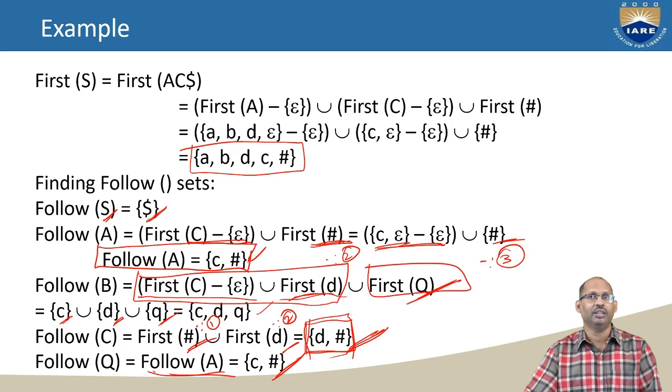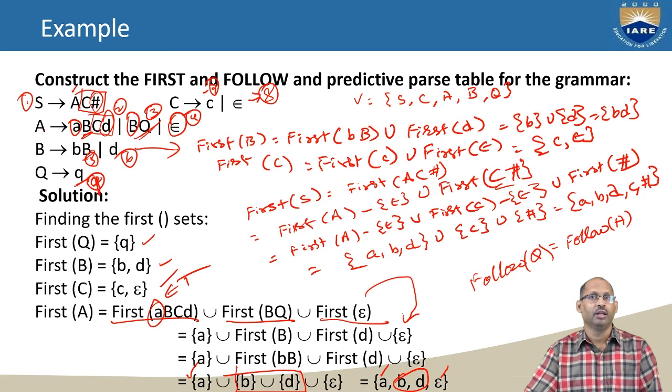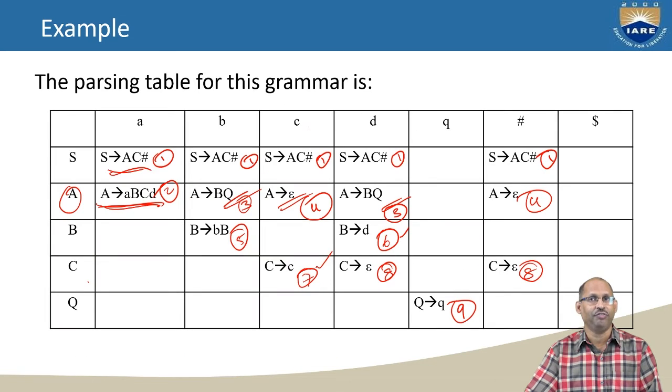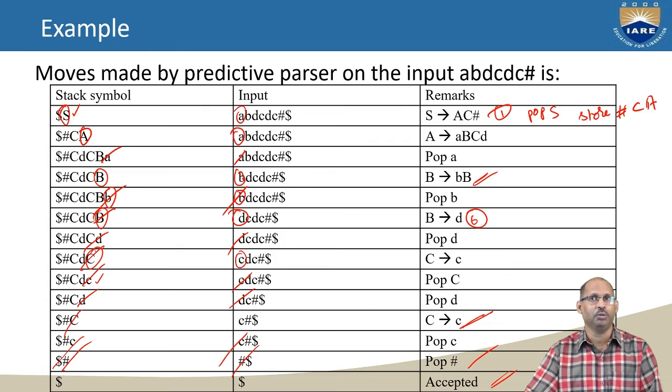So here for this example, for the given grammar, we constructed the first of all the variables. Then we constructed the follow of all the variables. From this first and follow, we constructed the parsing table. And using this parsing table, we are checking whether the input string ABDCDC hash will be accepted or not.